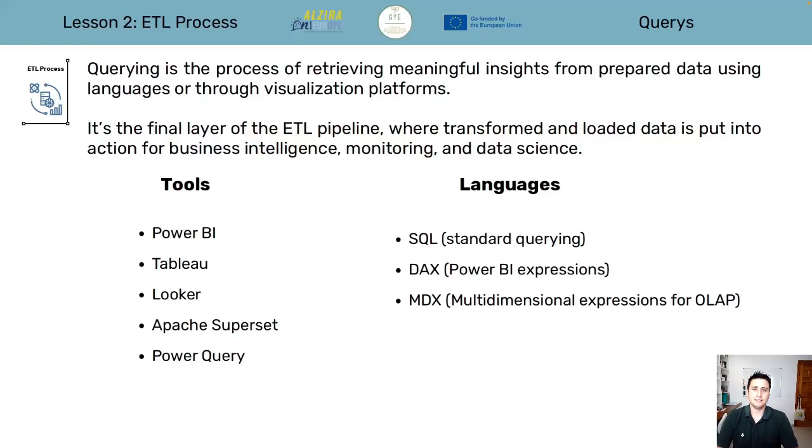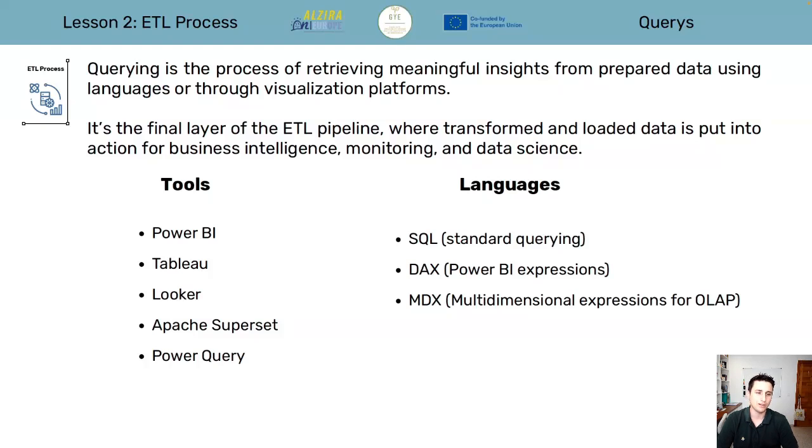Well, another concept which is very important here is the query. Okay, querying is a process of retrieving insights from prepared data using some languages or visualization platforms. Okay, so this is the last step of the ETL pipeline.